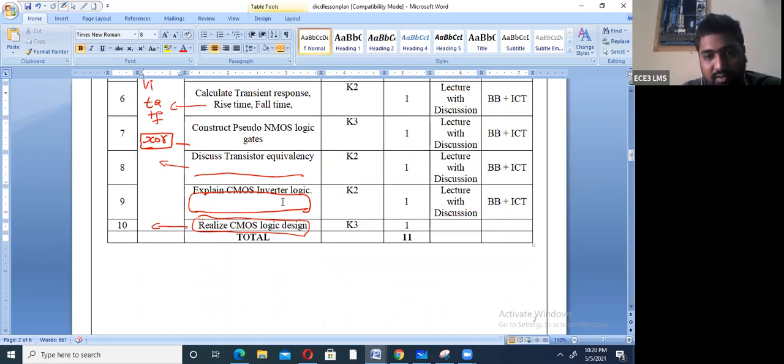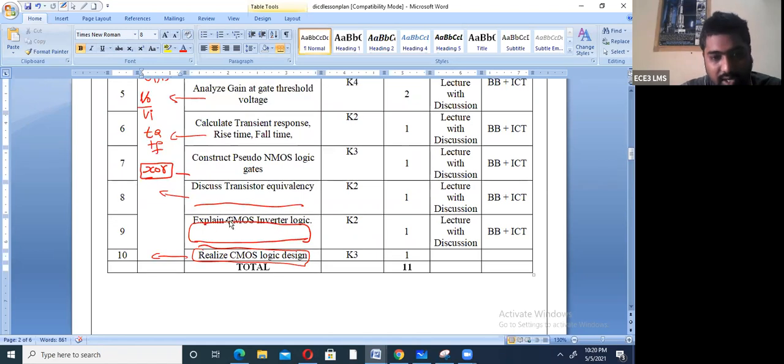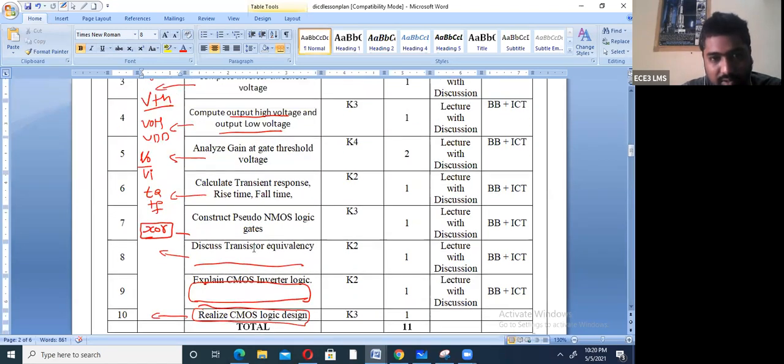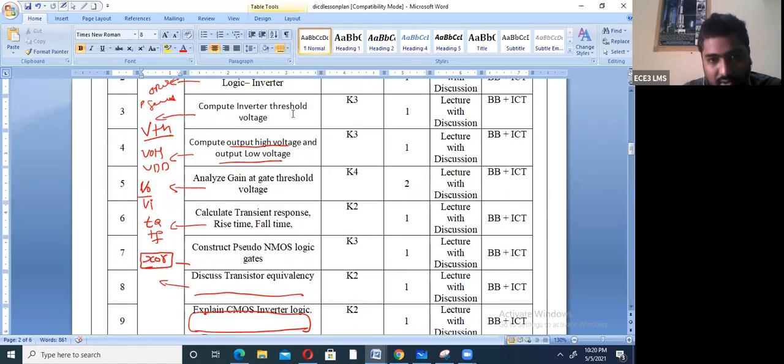The CMOS inverter logic, and how to draw CMOS logic for a given Boolean equation, you already know. And here I explained how to find the threshold voltage, high voltage and low voltage, gain, transient time and rise time for the CMOS inverter.